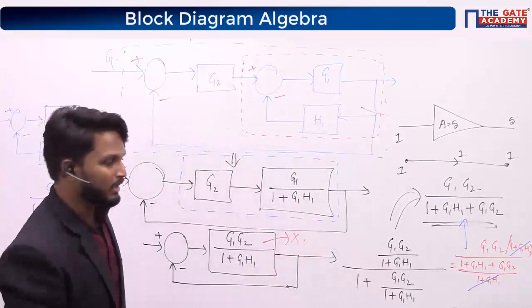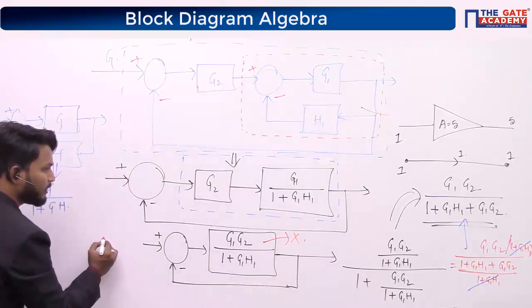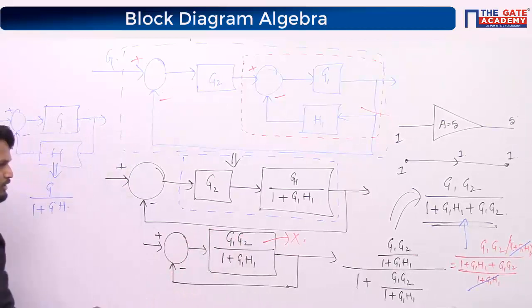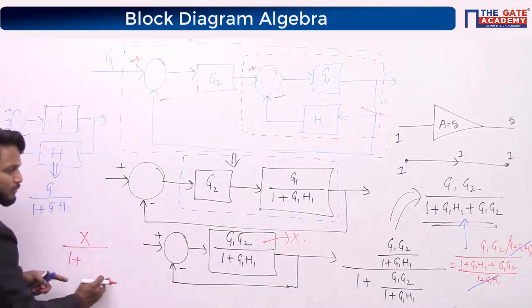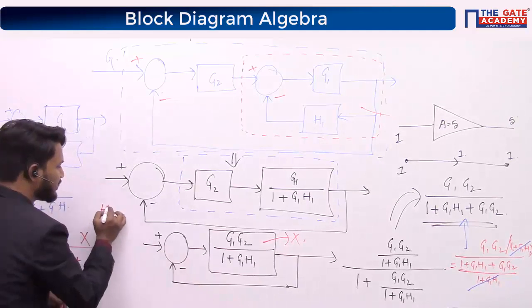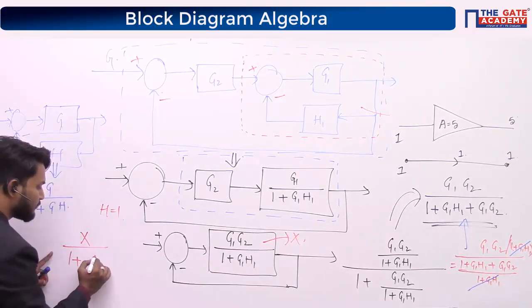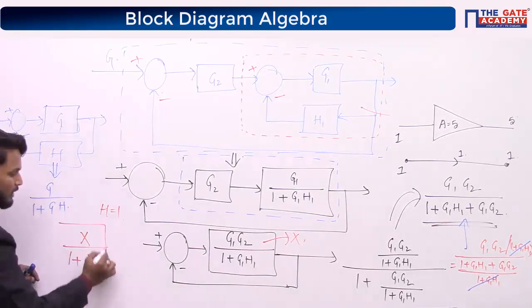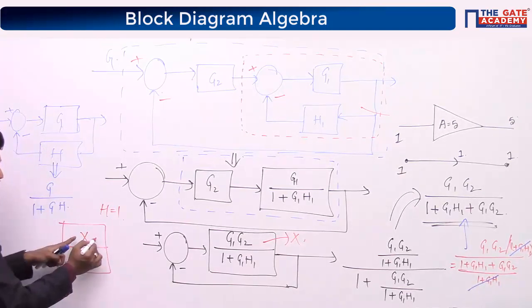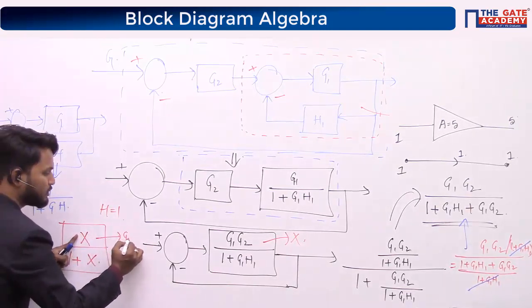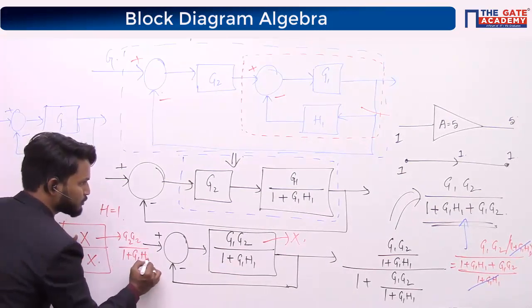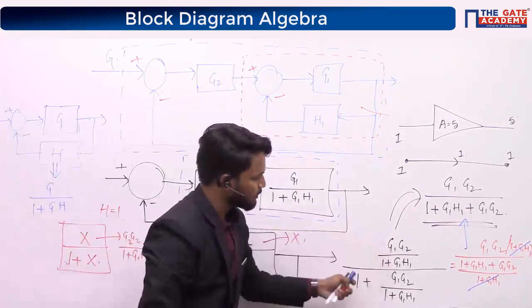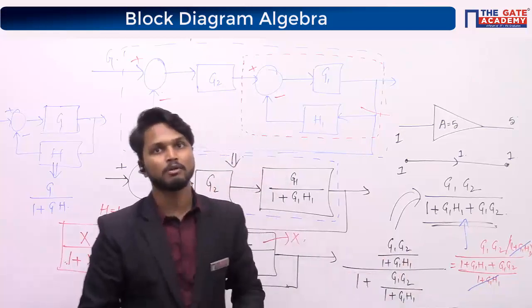So X divided by 1 plus, what is H? H is equal to 1 here. Therefore, X divided by 1 plus X. X is G1 G2 divided by 1 plus G1 H1. Therefore, X divided by 1 plus X. That is what we got.